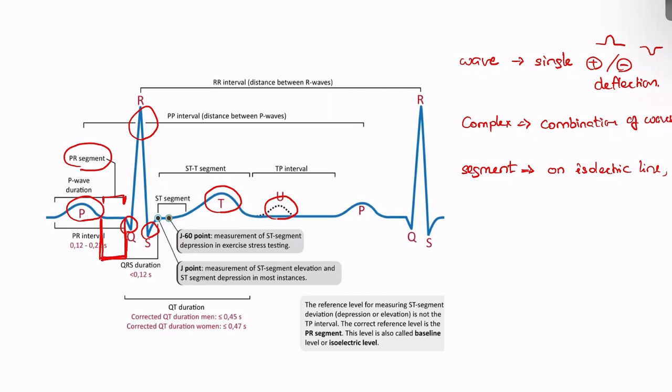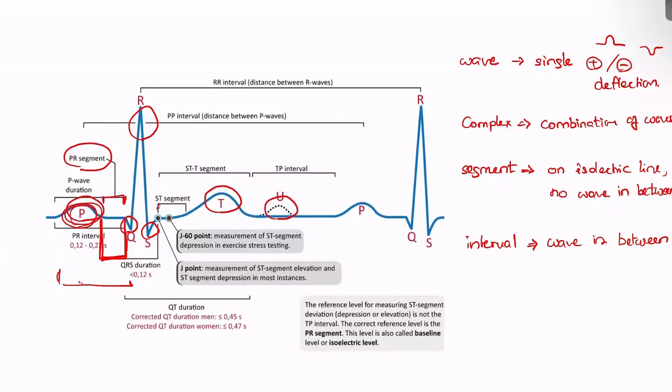But if we use the PR interval, there is a wave in between. It is the distance, and there is a wave in between. So for the PR interval, it is from the start of the P wave to the start of the QRS, so the P wave is in the interval.